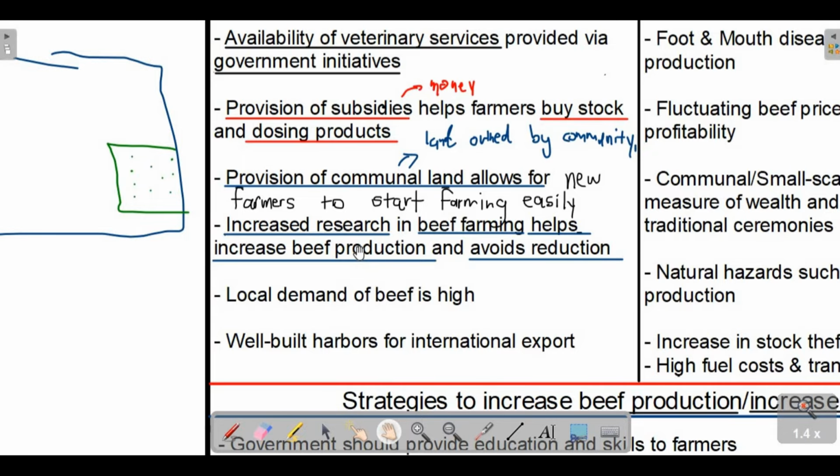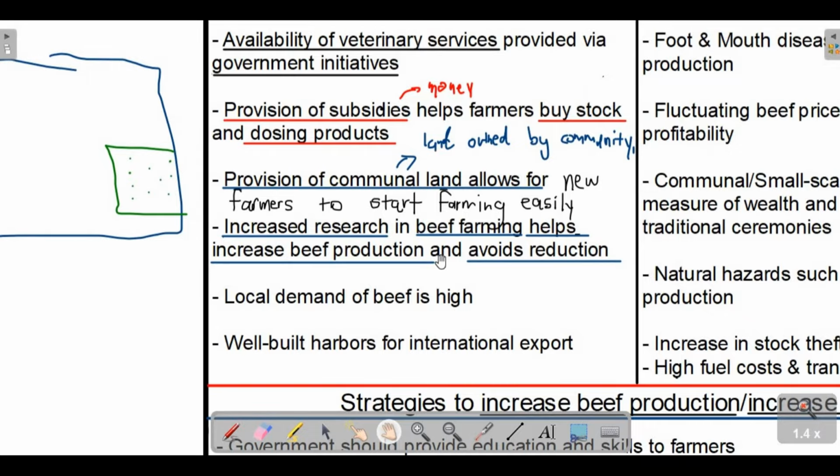So that information, that research, those investigations, they lead to solutions, and those solutions are then communicated to farmers, and in that way they can increase their production through specific farming techniques that they can implement, and they can avoid the losses or the loss of animals through diseases by adopting particular farming methods.